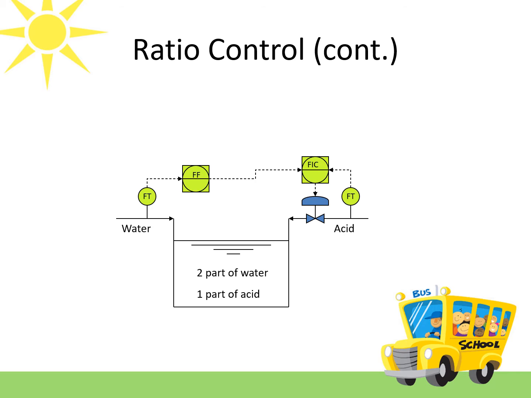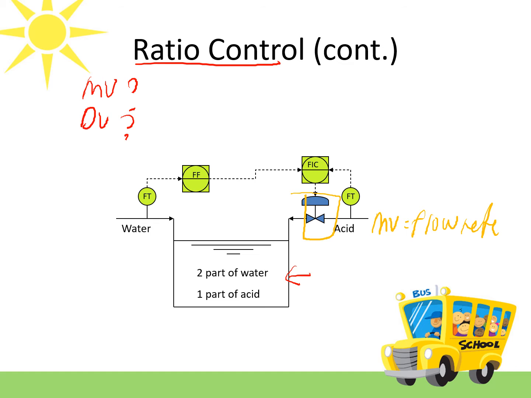Alright, this is another example of ratio control where you want to control the ratio of acid and water fed into this tank. Can you tell me what is the manipulated variable and what is the disturbance variable? As you can see, you have the final control element here, meaning that this is your manipulated variable. So your manipulated variable is the flow rate of acid, and the disturbance variable is the flow rate of water.